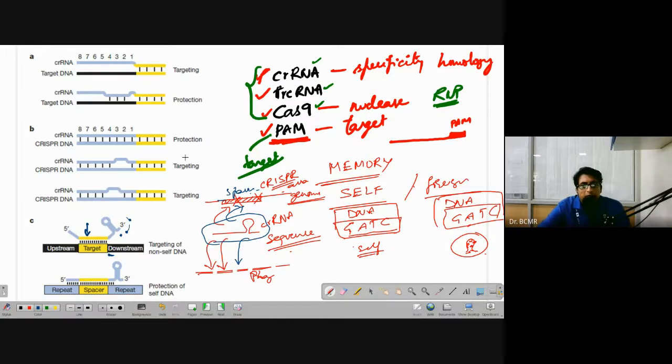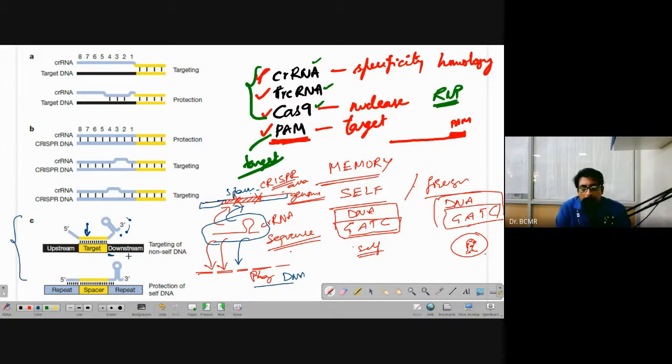If we look at the difference between the target phage DNA and the CRISPR array, the CRISPR array has spacers on either side, right? I'll just focus on this one, otherwise we'll take a lot of time.